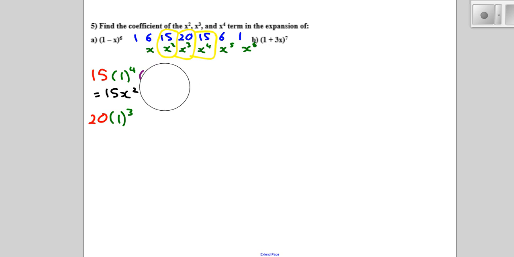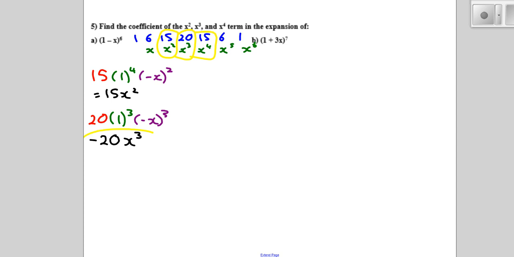Luckily that won't change that one. But this one, it definitely is going to affect it. It's going to be negative x cubed. Makes sense because the exponents add up to 6. So final answer, would it be a positive or a negative? Negative, yeah, because it's to an odd power. Negative 20x cubed. Two answers fine for this one.